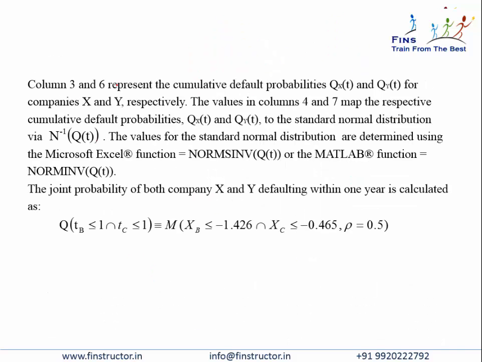Columns 3 and 6 represent the cumulative default probabilities for companies X and Y respectively. The values in columns 4 and 7 map the respective cumulative default probabilities to the standard normal distribution, and this can be calculated using the Excel function.